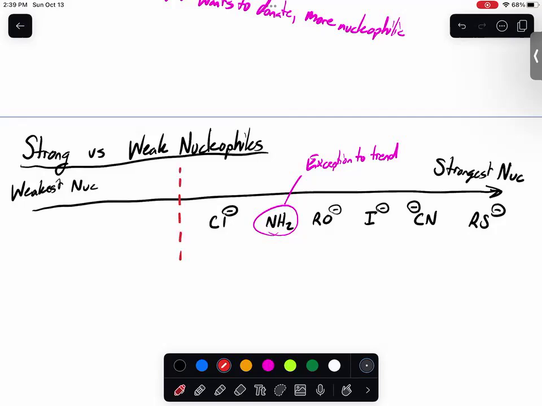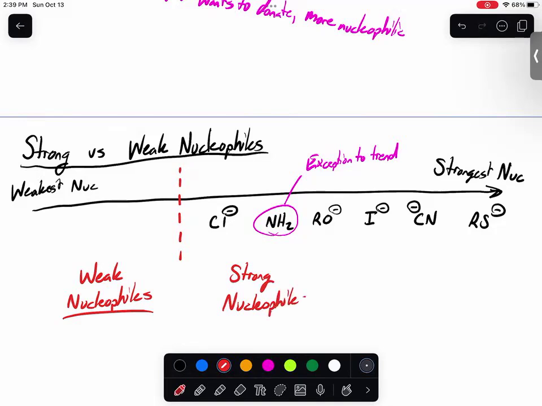Because this dividing line is what I would call the difference between truly weak nucleophiles and truly strong nucleophiles. Okay? And so below this dotted line, we have things like neutral sulfur, right? It doesn't want to give away its electrons that much, so it won't. Same thing with neutral oxygens, right?